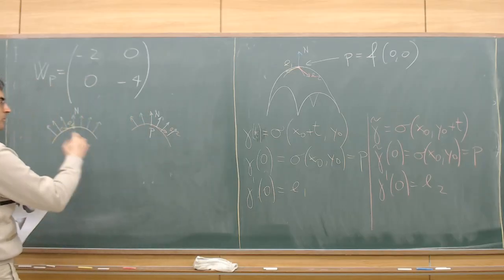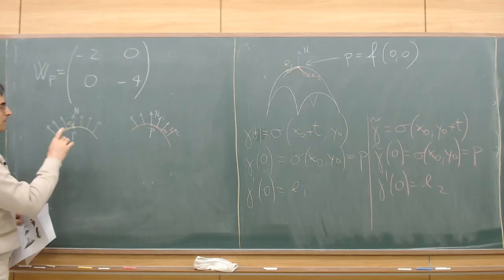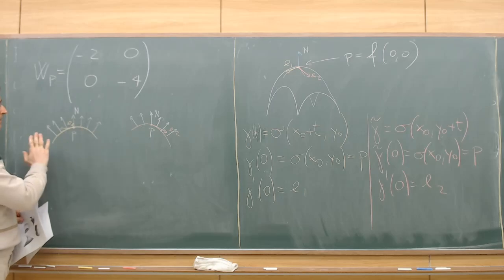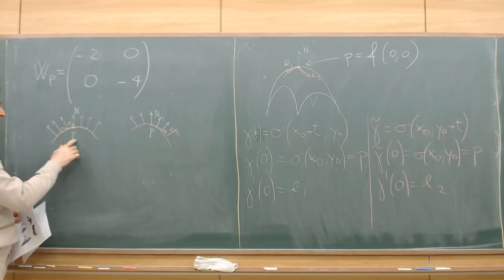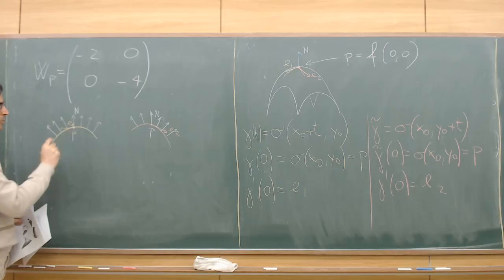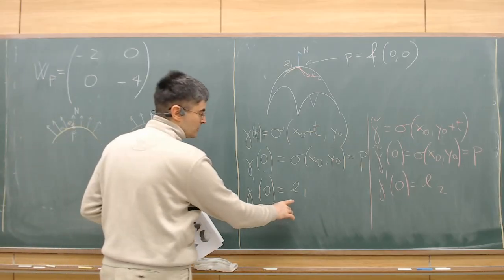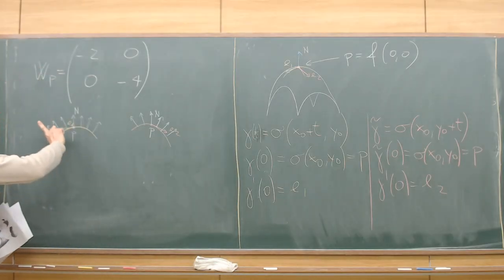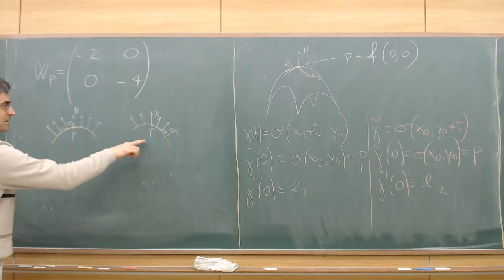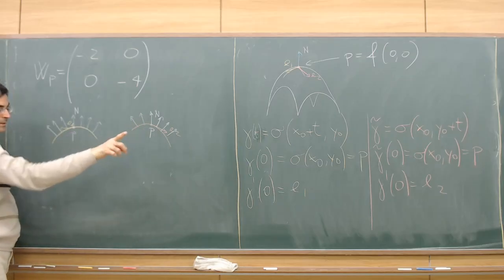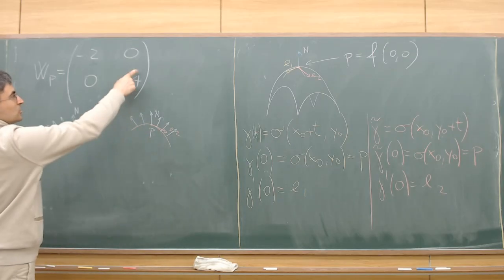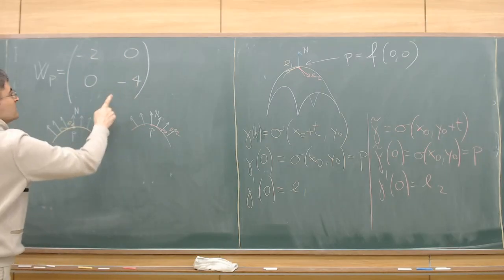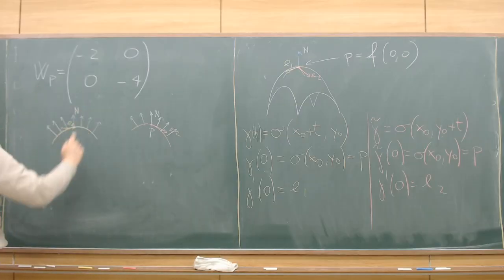And in both cases you realize that N varies in the plane spanned by N at P and the vector which is the initial velocity of the curve we are considering. So in this case N varies this way, in this case N varies this way, and in both cases the corresponding entry of the matrix which represents the Weingarten map is negative.